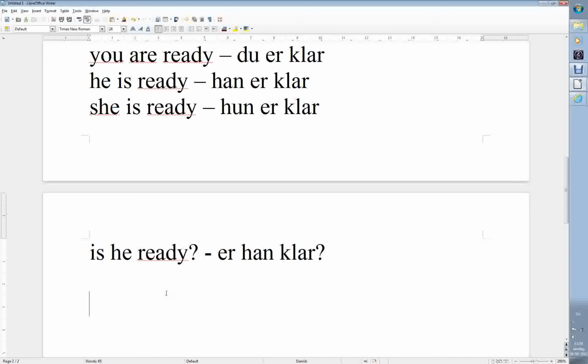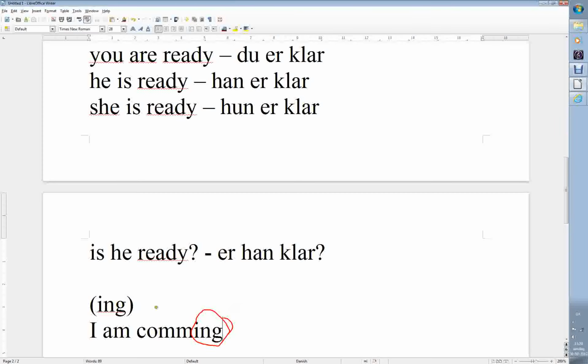Next important thing on the list is the ing form. So what is the ing form? The ing form is an English form that we have in, as an example, I am coming. So this ing part. In Danish we do not do it like that.